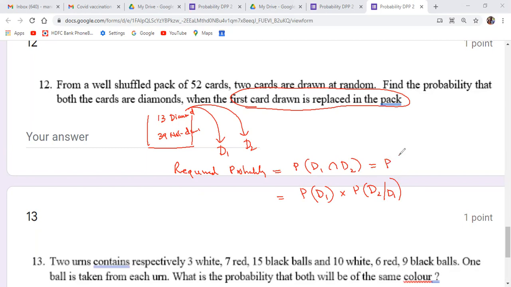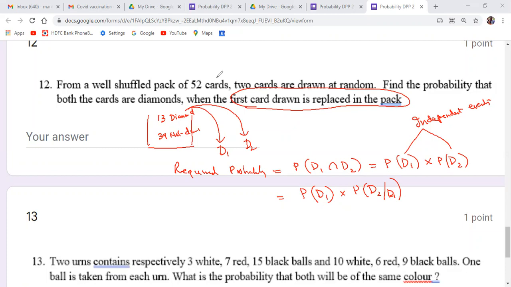Because the sample space will remain the same. So what do you call these events? With replacement, independent events. Even if you write it this way, it will end up as P of D2 only, because this has no influence on the other. Clear?